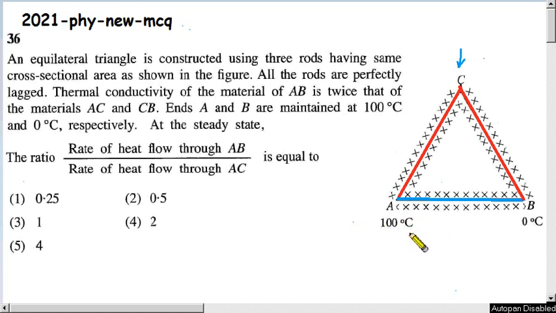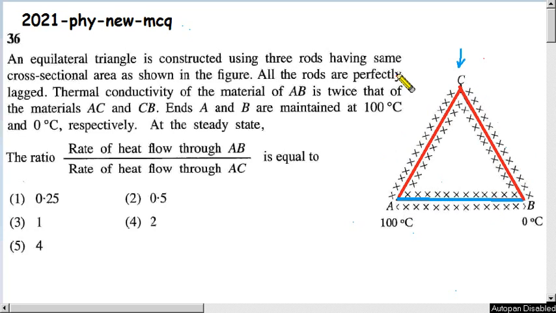You know heat flows from higher temperature to lower temperature. So some heat flows along this rod like this, and some heat flows along this rod and transfers into this rod and along this path to this lower temperature. That is why I said there are two paths.